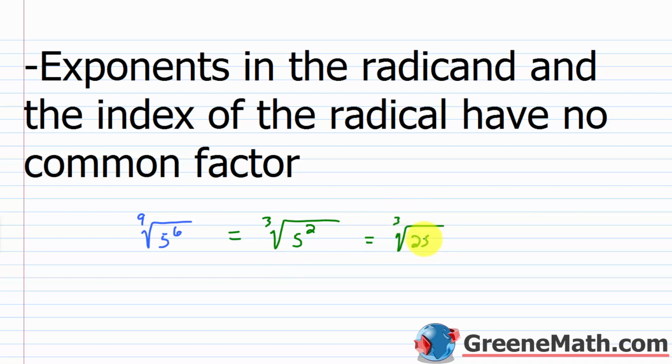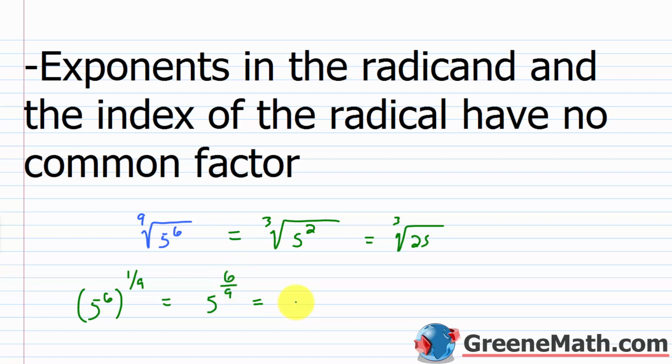Now, if that doesn't make sense for you doing it that way, you can always convert this to exponential form. You can say I have 5 to the 6th power raised to the 1/9 power. And of course, you can use your power to power rule. So this is 5 raised to the power of 6 times 1/9, which is 6/9. From there, you can just simplify the fraction. 6 and 9 each have a common factor of 3. Divide 6 by 3, you get 2.